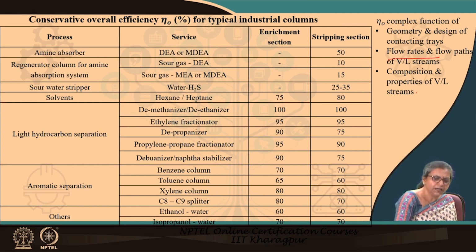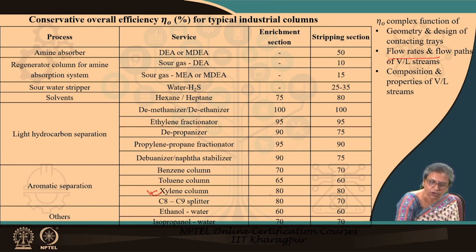And typically from the available industry data, I have noted down a few particular processes and the corresponding eta O, or the overall tray efficiencies, for the enrichment section and the stripping section. This can be referred to while you would like to find out the actual number of trays. For example, in your particular case, you were operating an orthoxylene column.